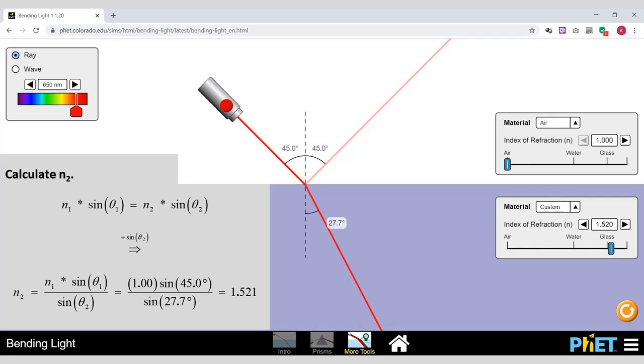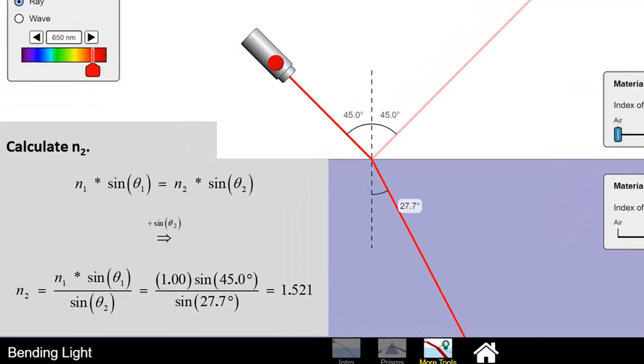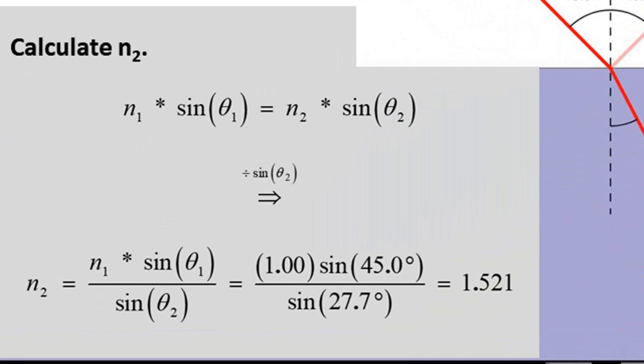Even though we have our 4 parameters for this image here, and those would be the incident angle, the refracted angle, and the index of refraction for medium 1 and 2, how would we use Snell's law to calculate the index of refraction for medium 2? Well, here's the setup, and since I'm looking for n sub 2, I'll divide both sides by the sine of theta 2, making sure my calculator is in degree mode, and we come up with this formula.